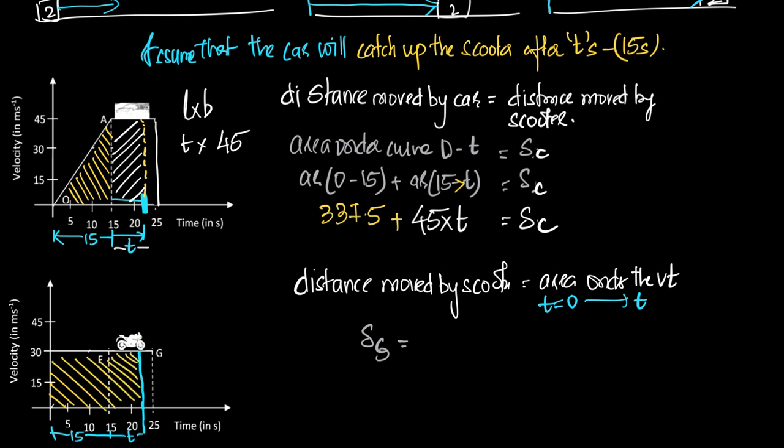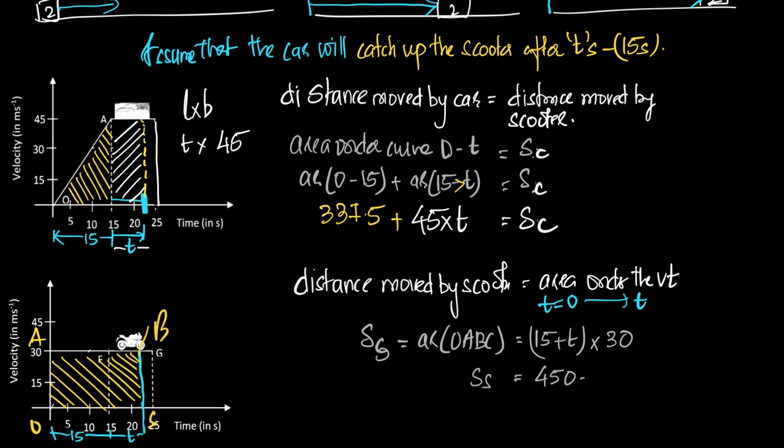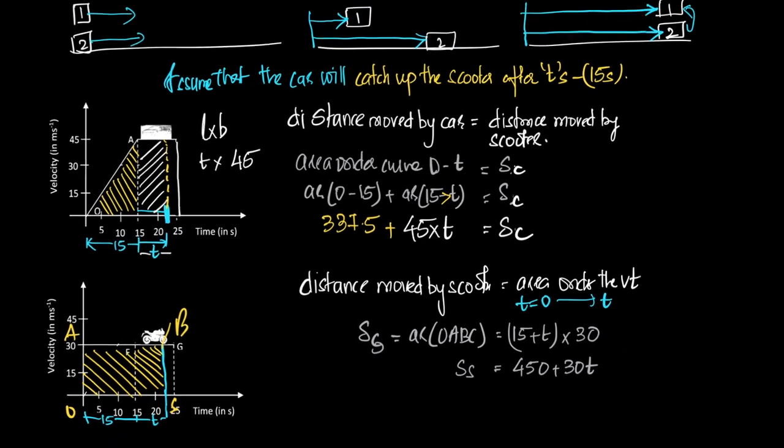That area is basically a rectangle, say rectangle OABS. The area of rectangle OABS is equal to length into breadth. What is the length? The length is 15 plus t. What is the breadth? The breadth is 30. So what is the distance moved by the scooter? It is 450 plus 30t.